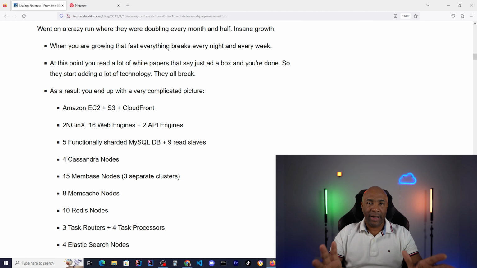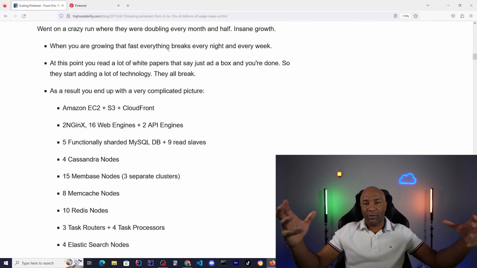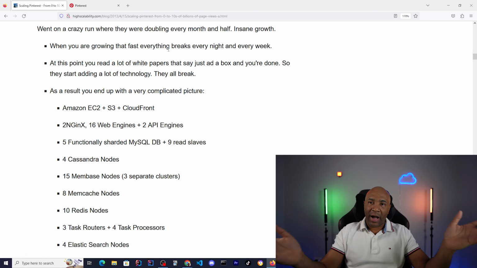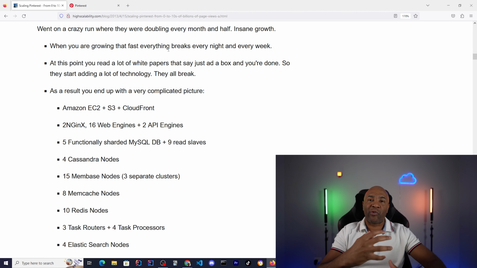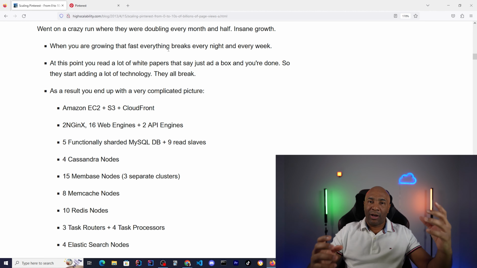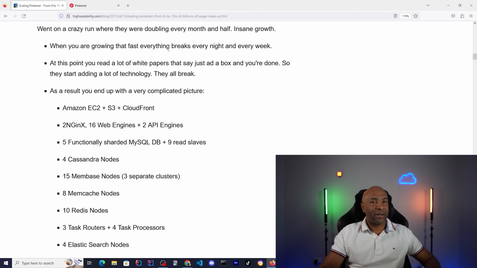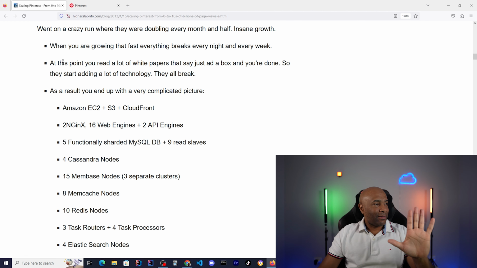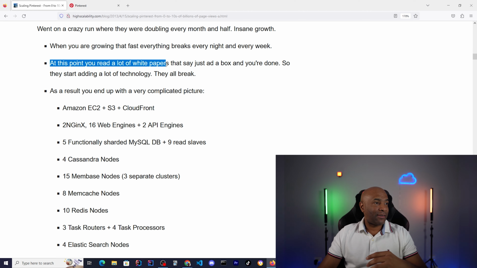And that's totally right. Imagine things are getting bigger and bigger, and you try to hire more people to help solve the problem, but you still need to train those people, and they will try to make changes along with the existing engineers, and yeah, things will get really weird sometimes. They said that at this point, you read a lot of white papers that say just add a box and then you are done, which is not exactly like that.